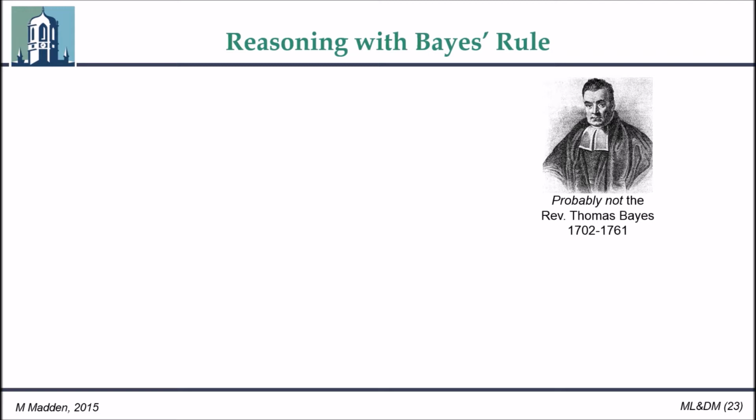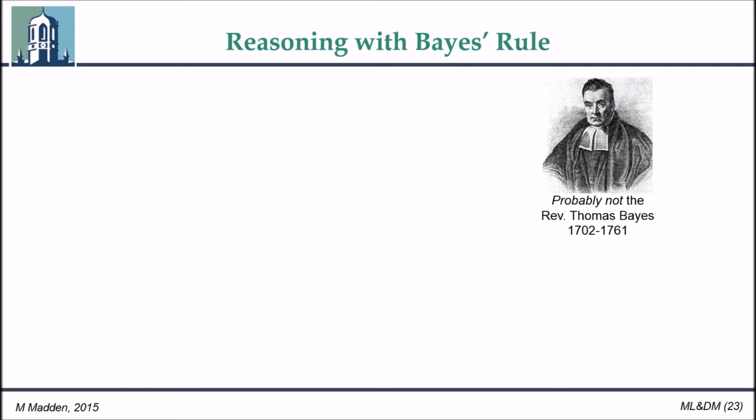Reverend Thomas Bayes was a mathematician and a Presbyterian minister who lived in London between 1702 and 1761. He was the first person to introduce a rule for reasoning about what's called inverse probabilities. That is just a special case of what's now known as Bayes' rule or Bayes' theorem, and it was published after his death.